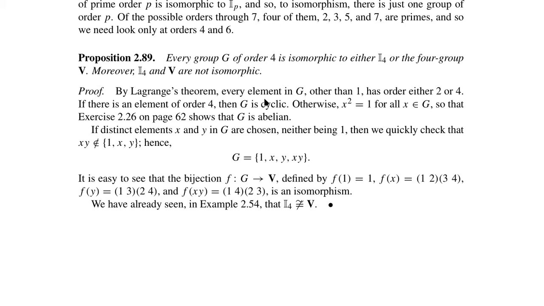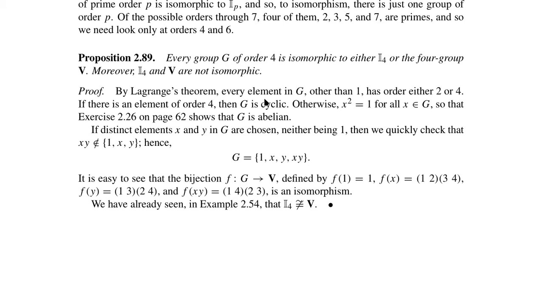So here I4 is just Z mod 4Z, right? So it's the integers modulo 4. So it's either isomorphic to that or the Klein 4 group that we saw before, which we didn't go much deeper into, but yeah.